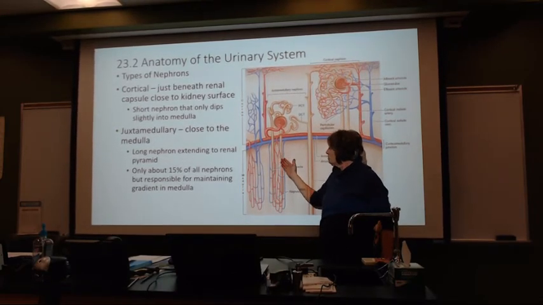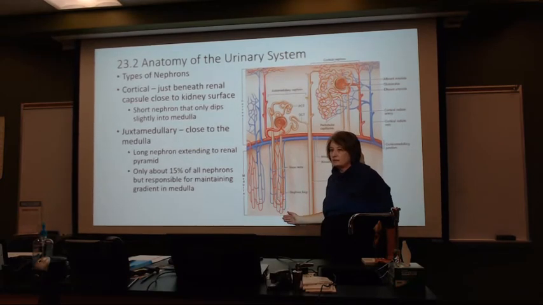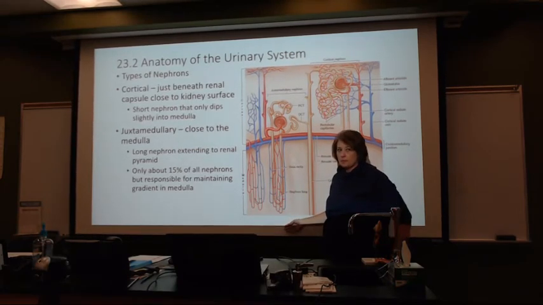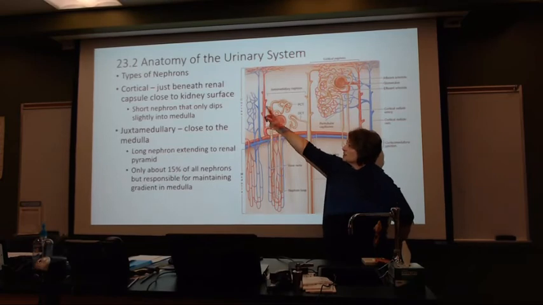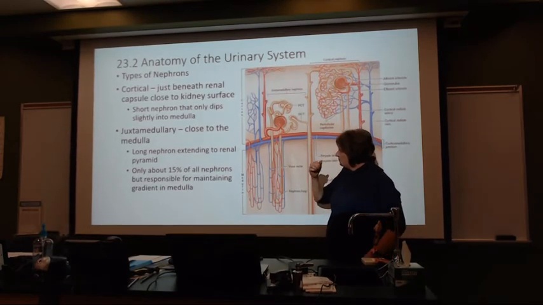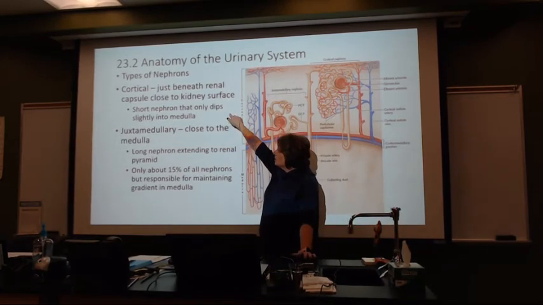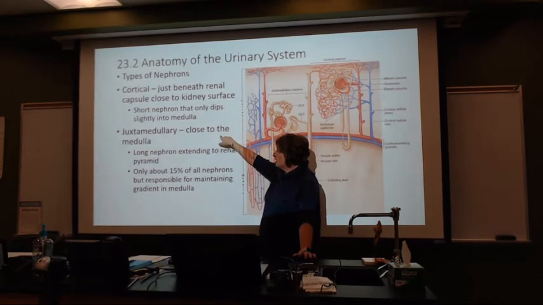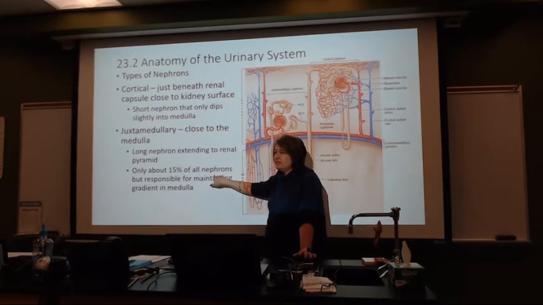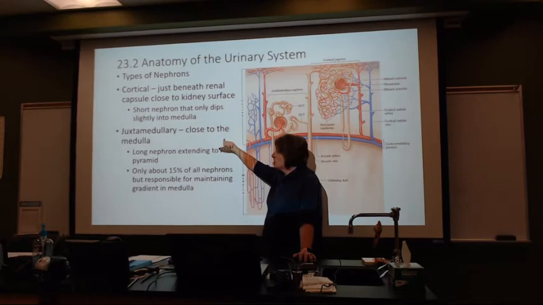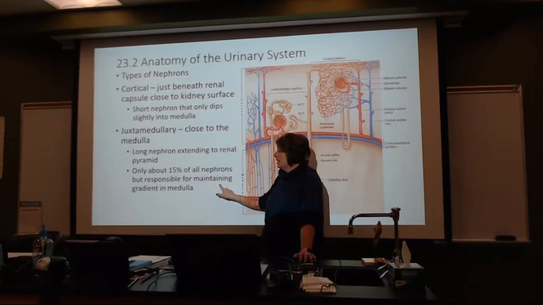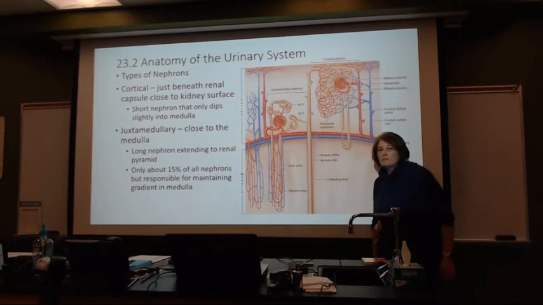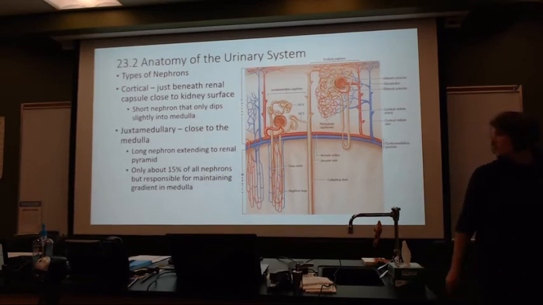And the blood vessels are around it. Is everybody kind of following me? So of the two types of nephrons, cortical and juxtamedullary, only about 15% are juxtamedullary, and they're what's going to be doing this.